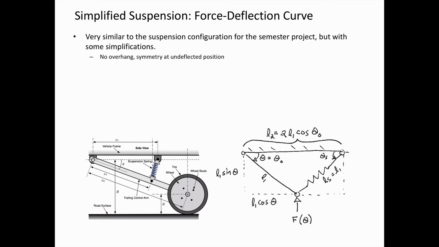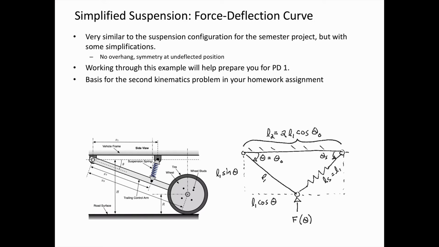If force at the bottom joint is 0, this undeflected position or the 0G position, we're going to assume that the link length L1 is going to be the same as the spring length LS. So L1 is equal to LS when F is equal to 0.